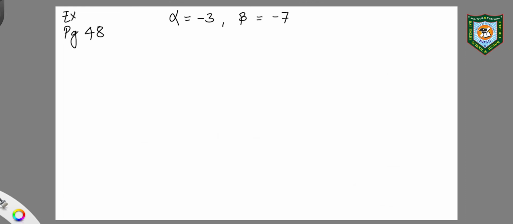Before we start solving, we just need to make a comparison. Let's say I have a standard equation ax square plus bx plus c is equal to 0. Now I'll be dividing the equation by a, and let's see what happens.